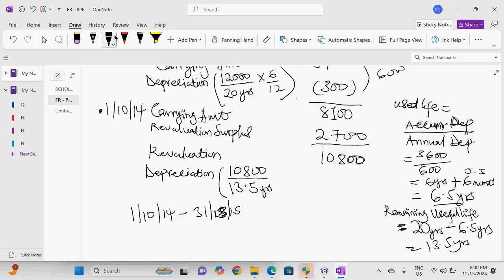From 1st October to 31st March, that is how many months? 6 months. So we want 6 months depreciation. That would be times 6/12. So what do you have?